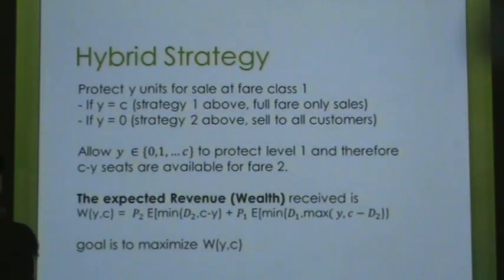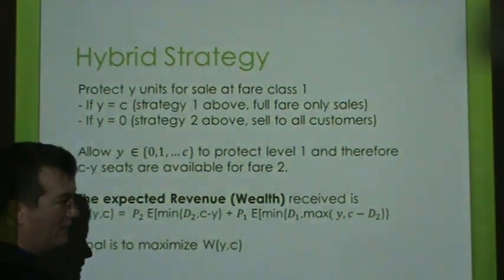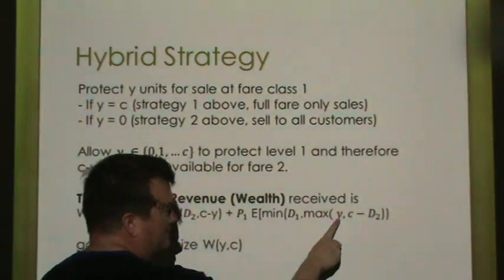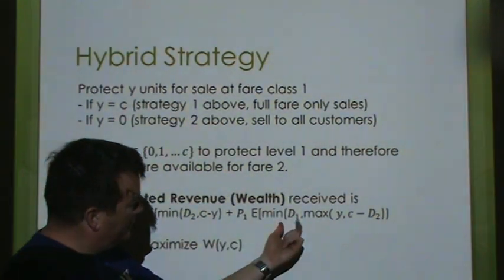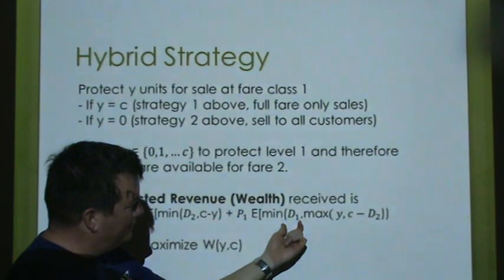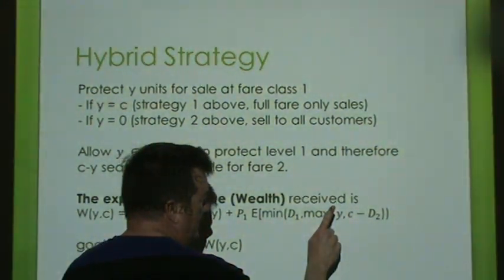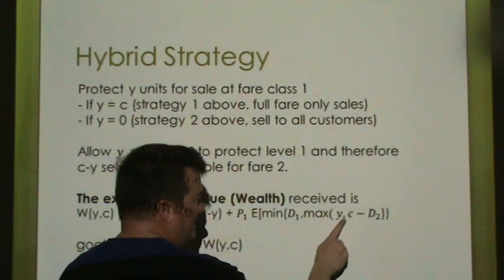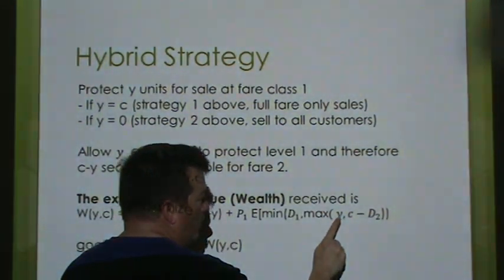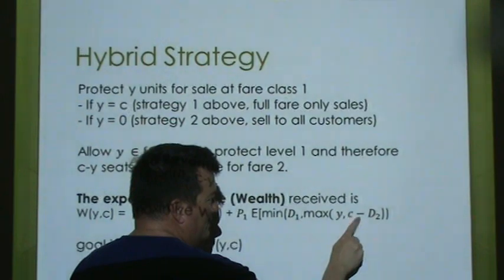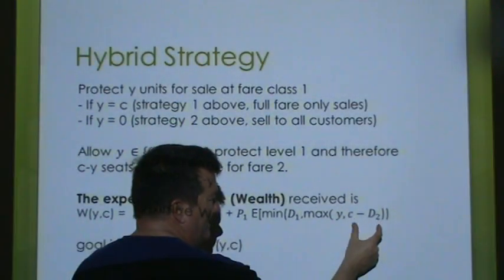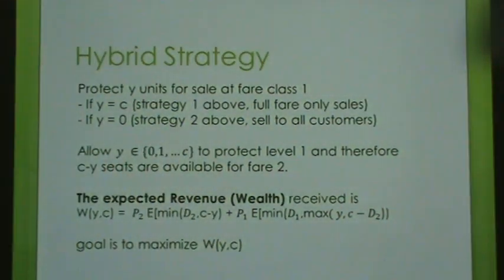So, like I said, it's maybe better following an example. Let's say we had a plane with 100 seats and Y was 60. A certain number of people show up, maybe 50, maybe 70, but it's going to be the number of seats we've protected, or it might be the capacity minus demand 2, if demand 2 let more seats be available.